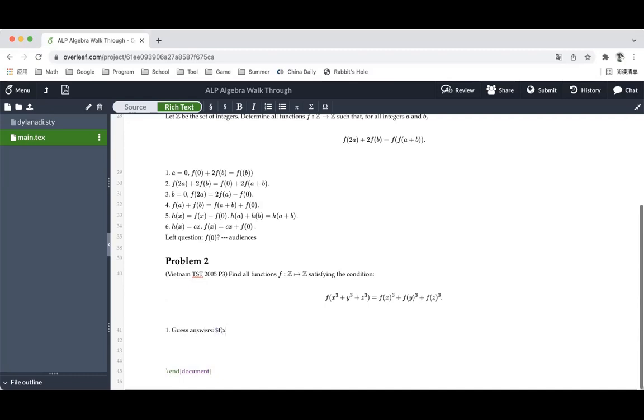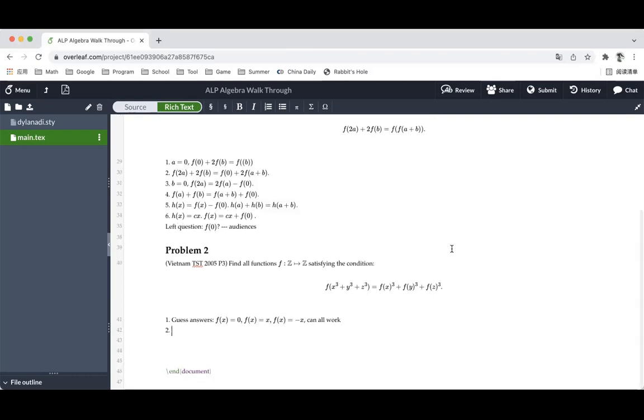The answers are pretty easy to guess: f(x) = 0, f(x) = x, and f(x) = -x can all work. But these are just our guesses and we'll progress later.